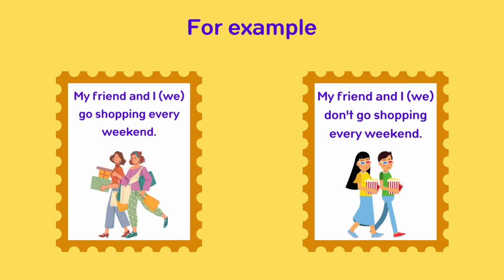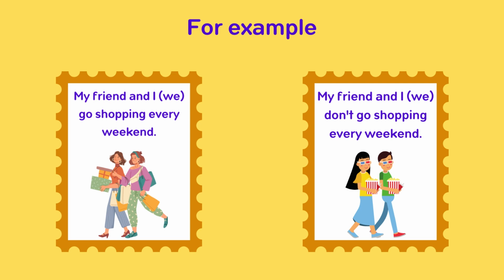My friend and I go shopping every weekend. My friend and I don't go shopping every weekend. So, as we did before, we find our action verb, which is go here, and just add don't or doesn't.